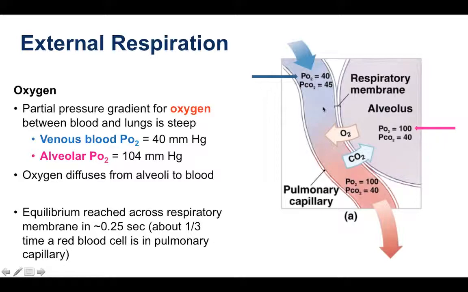That is so that if the blood flow increases, we still will have enough time. This blood can travel 3 times more quickly than normal, and we would still pick up the same amount of oxygen. So just in case there's an emergency and the blood starts flowing more quickly, we're still going to fully saturate the blood. We're going to reach equilibrium with the oxygen levels here.